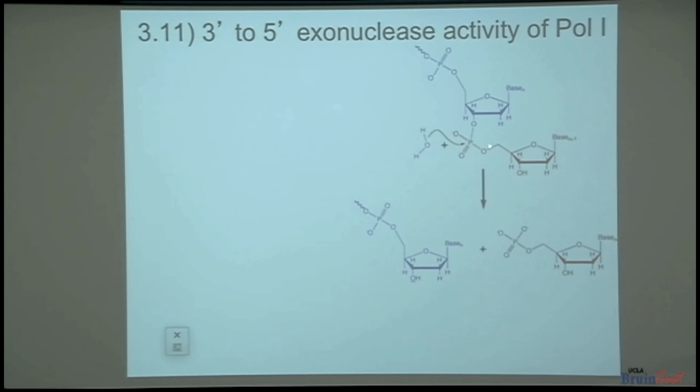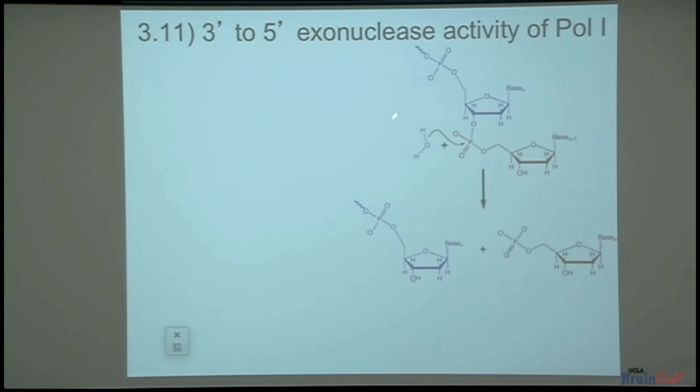Here is the end of a nascent nucleic acid strand. Let's say there's an error here, and so we want to remove this last base so we can try again. The way that happens is that we can trigger a 3' to 5' exonuclease activity. The exonuclease reaction is a hydrolysis reaction.